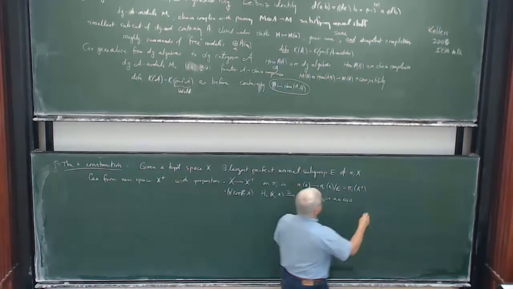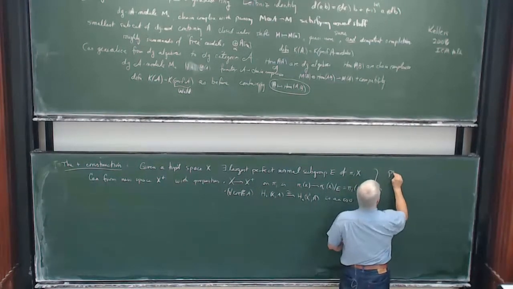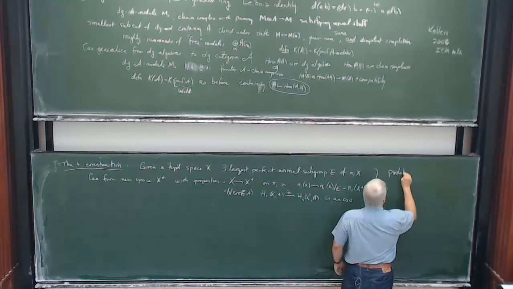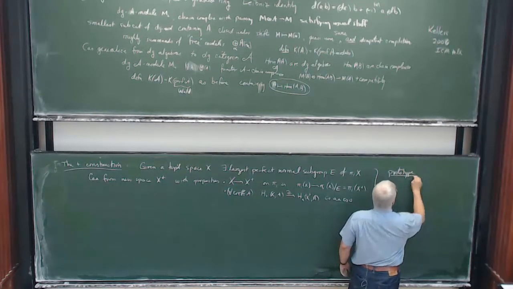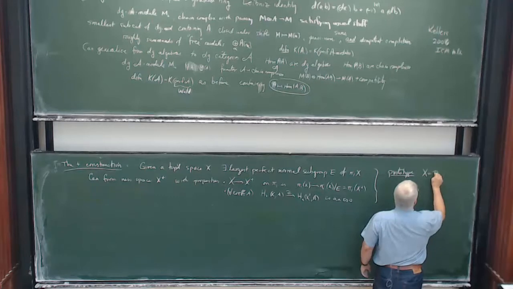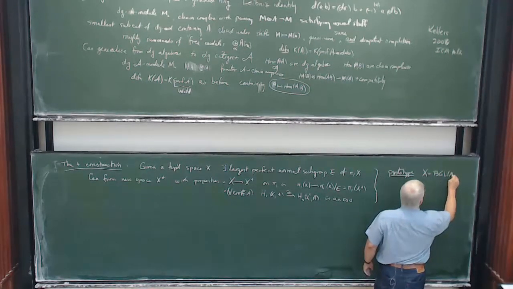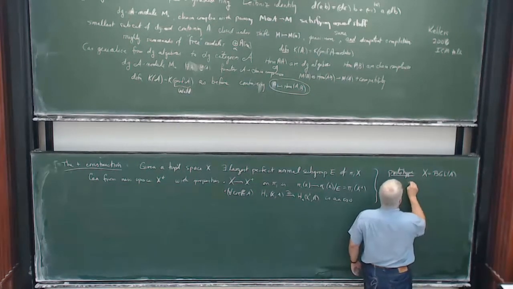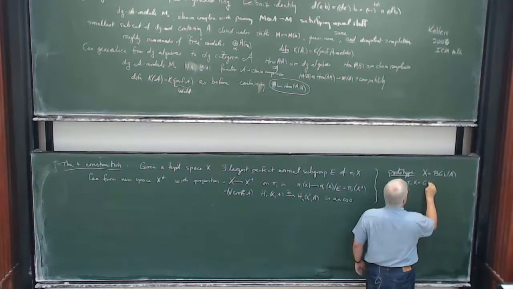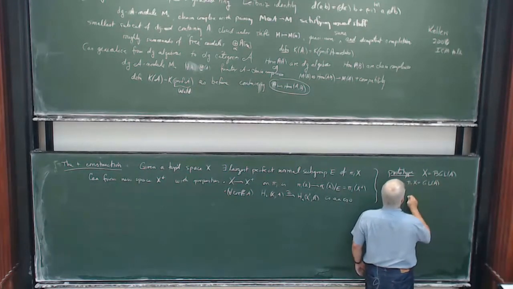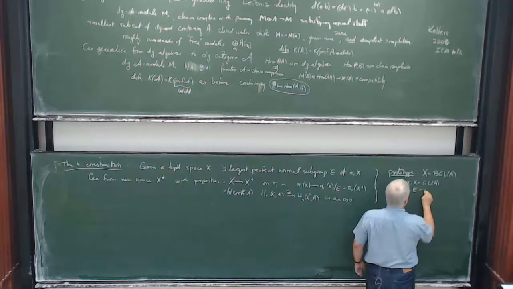So the prototype of this is where you take X equal to the classifying space of the general linear group of some ring. Pi 1 of X is the general linear group of the ring, and E is the elementary matrices.